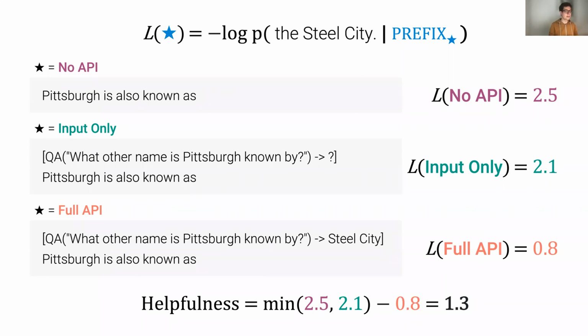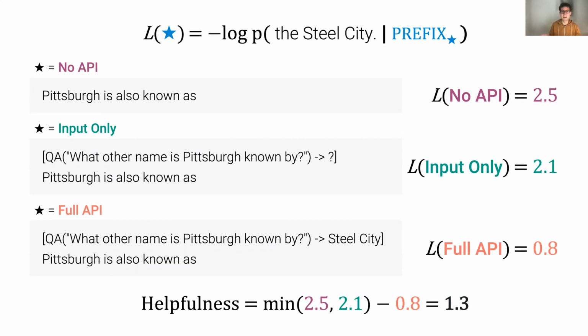The other thing to note is that even though we've sampled a particular position for the API call, you can see that we always use it as a prefix here. The API call is always at the very beginning. The reason for that is that right now we're working with a model that is not at all fine-tuned to work with API calls. And so if you would insert the API call right in the middle of the text, that would really interrupt the flow. It's something that the language model hasn't seen before.